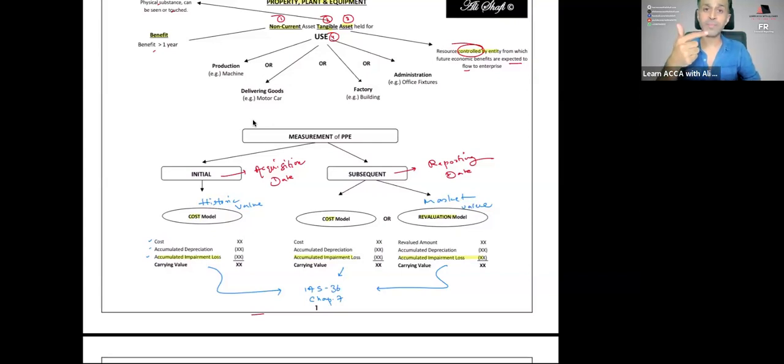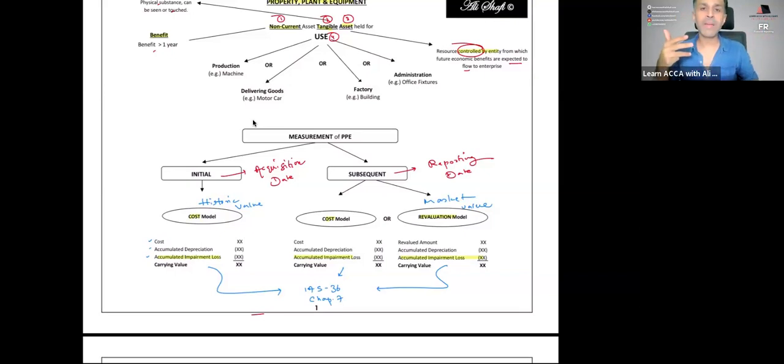Non-current. Controlled. Like I said, they own that building. And they always have control over it. They are the ones getting the benefit out of that, no one else. By having a display center in it, they sell products and they have full control over it.